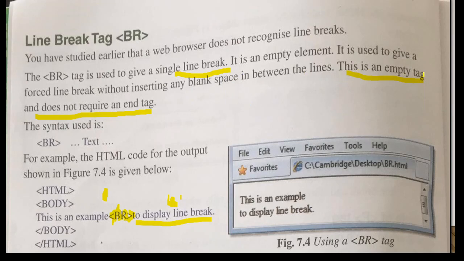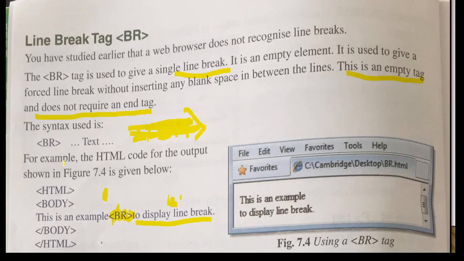So this is an empty tag and does not require an end tag. As you can see here, this is an empty tag, so you do not need to close it with an angle bracket, forward slash, BR. You do not need to do that in a break tag.